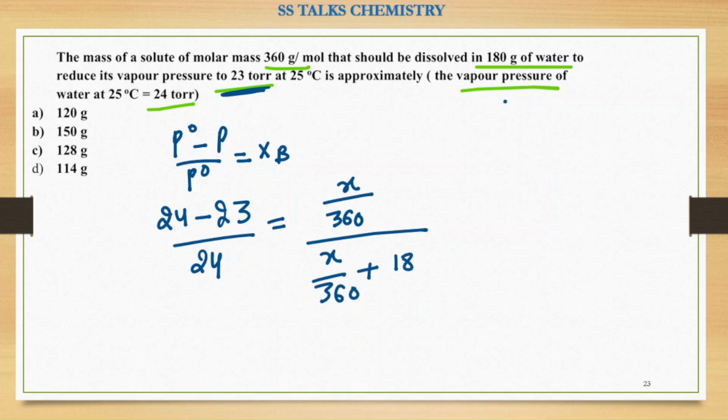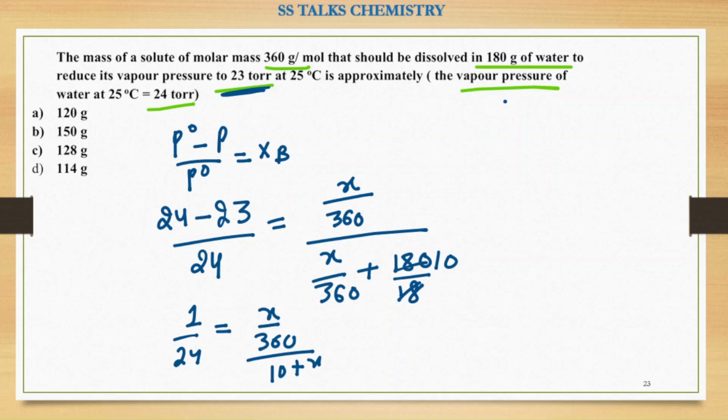For the water it is 180 grams, and the molar mass of water is 18 grams per mole, so this is going to be 10. Just solve this. It will be 1 by 24, which is equal to x upon 360 upon the 10 plus x upon 360.